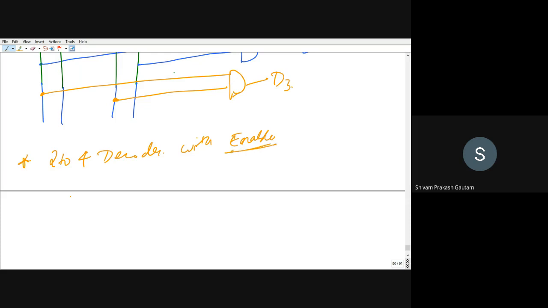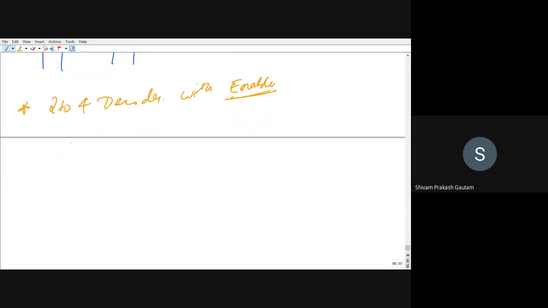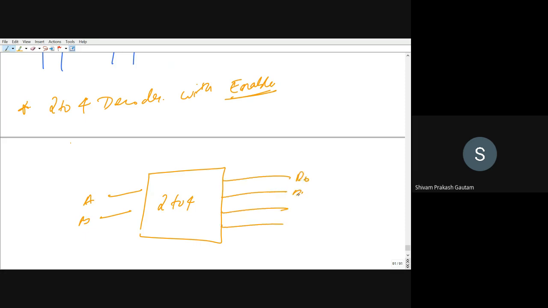Enable, as the name suggests, acts like a switch here. You have a 2 to 4 decoder as usual, with 2 inputs, you can say A and B, and 4 outputs, you can name them D0, D1, D2, D3. And apart from this, you also have one enable switch here. You can call it E, right?